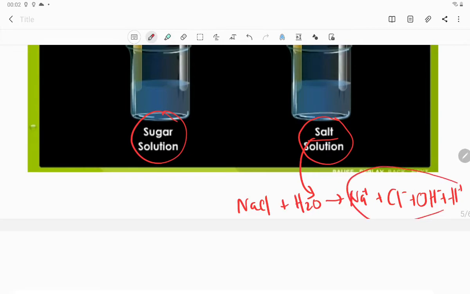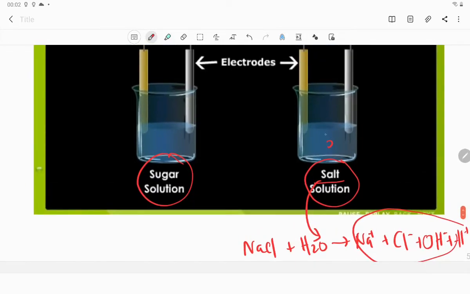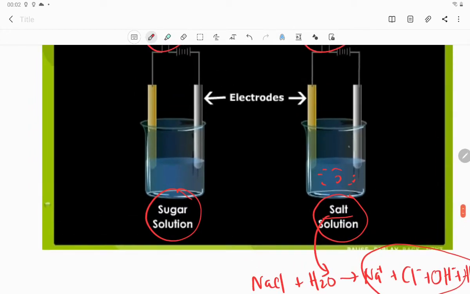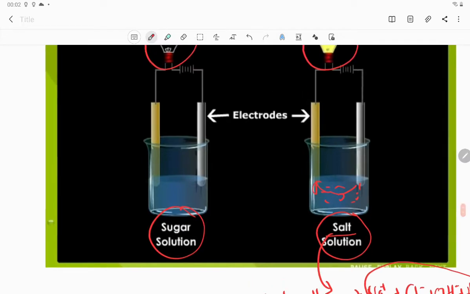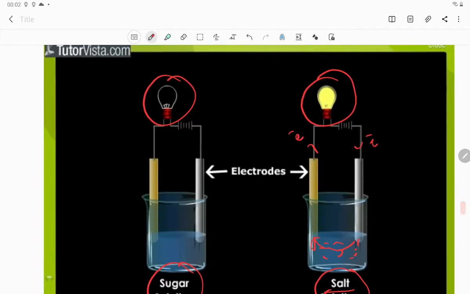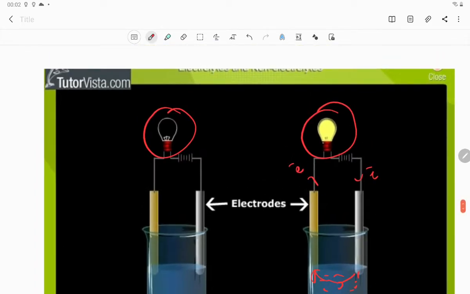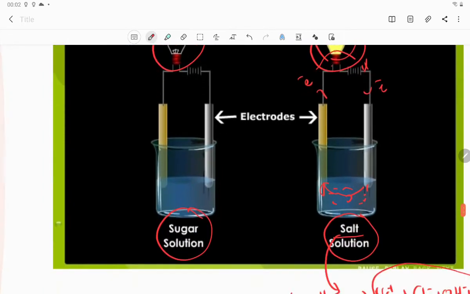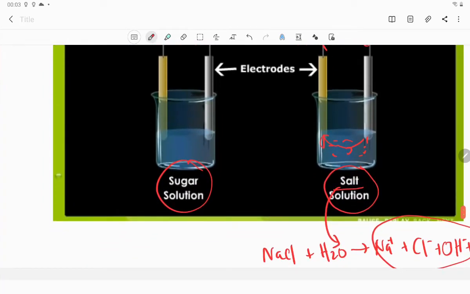So we have all these ions moving freely inside the solution, so they are able to transfer electrons, so that we have electron flow. When the electrons pass through the bulb as electrical current, the light bulb will light up.